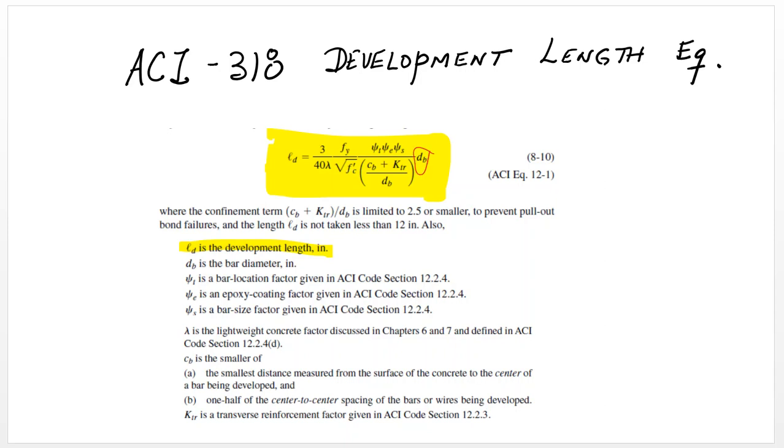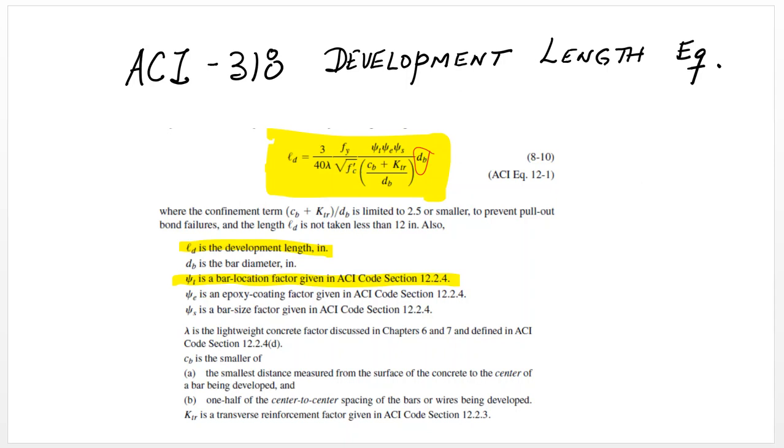It also depends on the type of rebar, whether the bar is epoxy coated or not, the size of the rebar, the location of the rebar with respect to the beam or the structural member, and also in relation to the other bars.